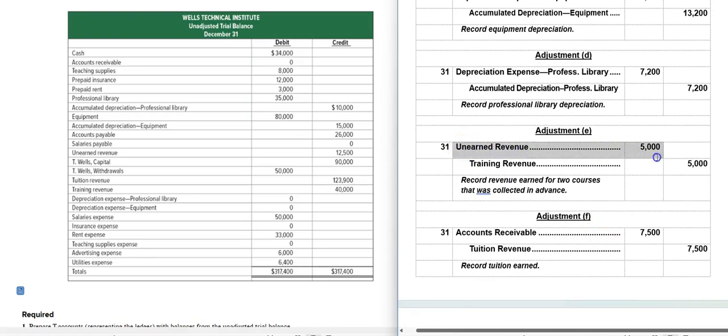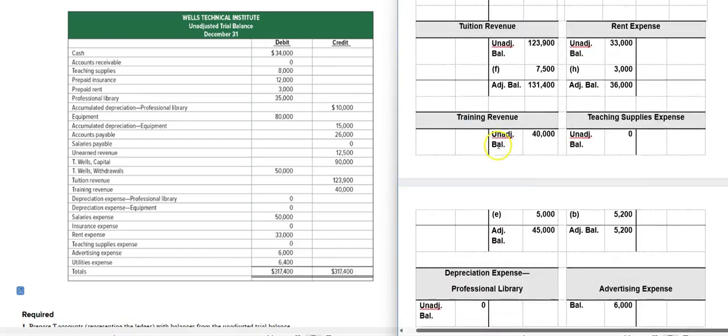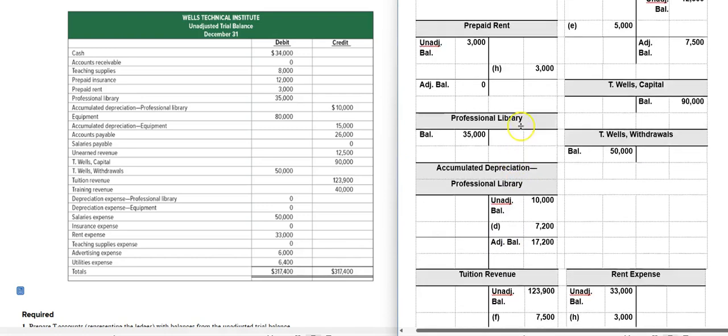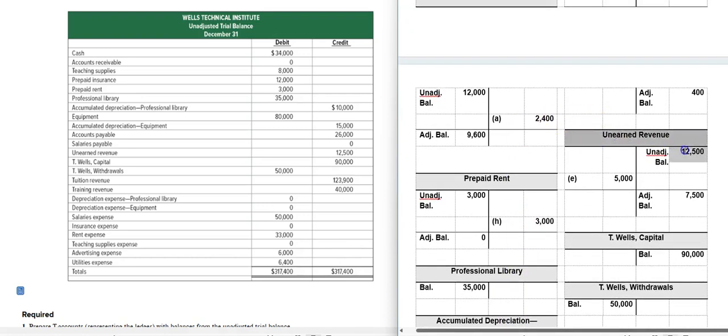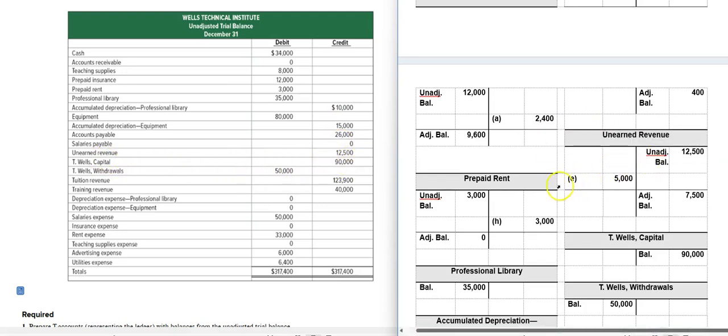I then need to debit unearned revenue and credit training revenue for my next adjustment. So I'm going to find my unearned revenue here. There it is. Unadjusted, it was $12,500 as reflected in the unadjusted trial balance. I'm adjusting it, decreasing it $5,000 to get an adjusted balance of $7,500.